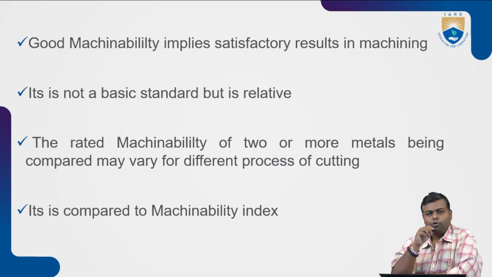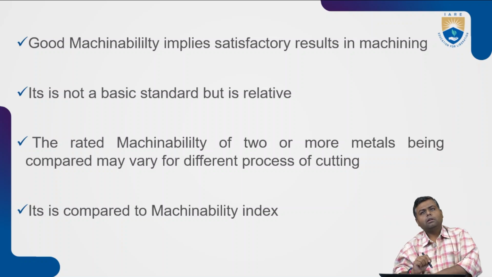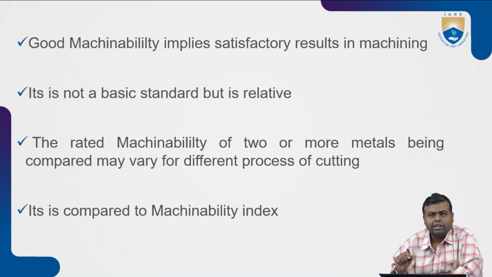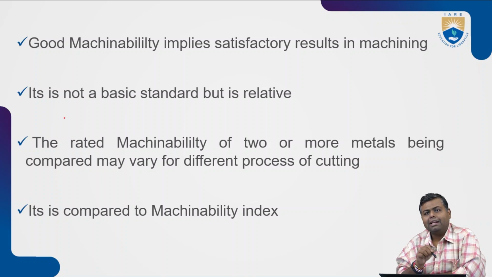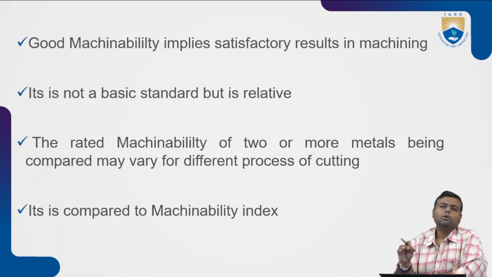So generally, if good machinability is going on, that means the machining is having proper results. Next, it is not a basic standard, but it is very relative. We can't say that machinability is the basic standard for saying that the machining is going perfectly, but it is a relative method for saying that the machined surface is very good.